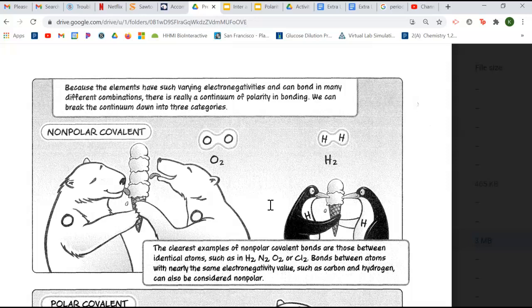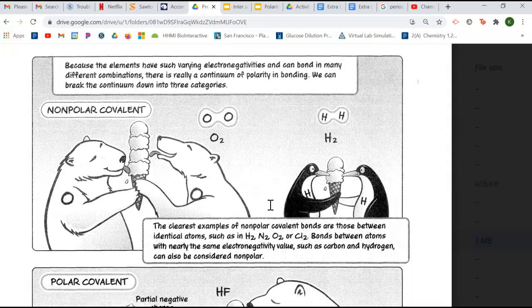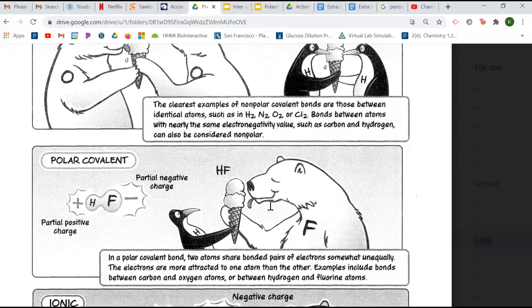So the clearest examples of nonpolar bonds are those between identical atoms such as H2, N2, O2, Cl2. And that's because they've got two of the same atoms with the same electronegativity competing against each other. Bonds between atoms with nearly the same electronegativity value, such as carbon and hydrogen, can also be considered nonpolar.